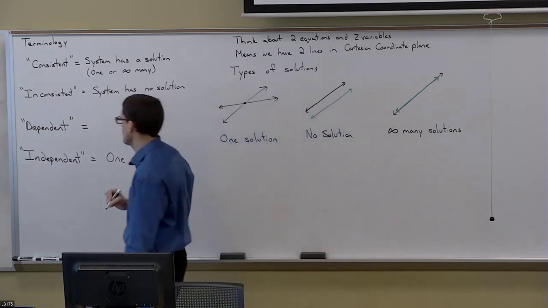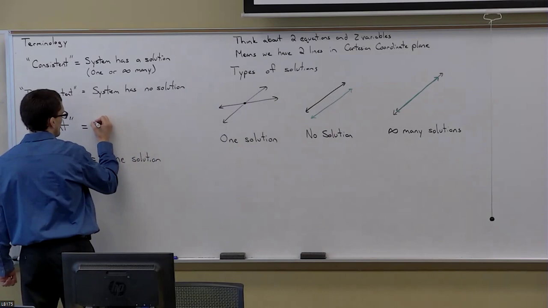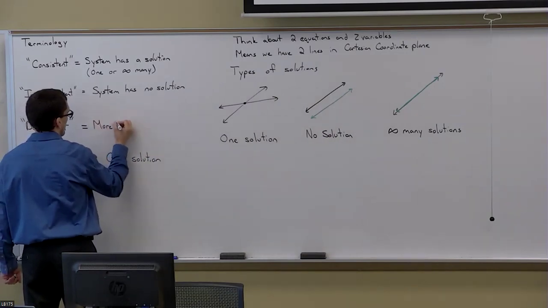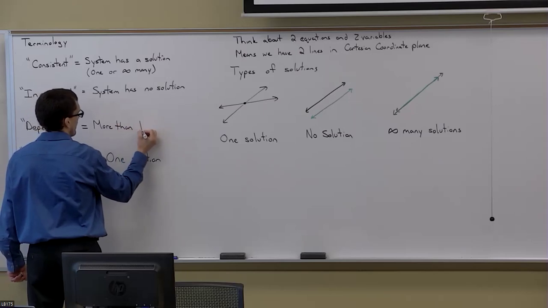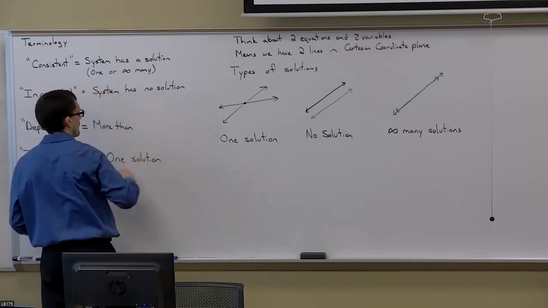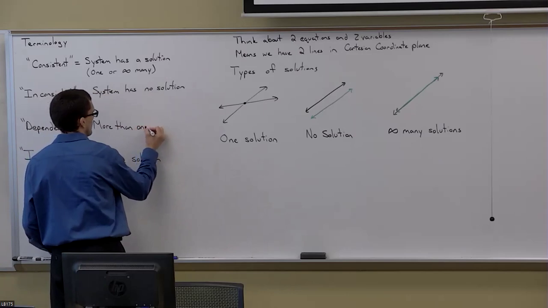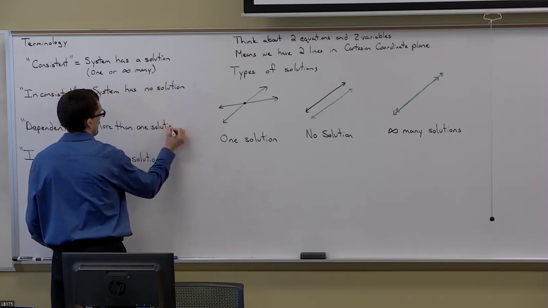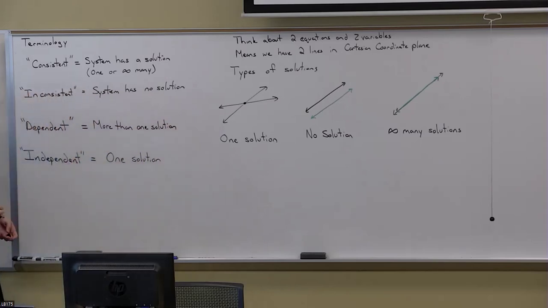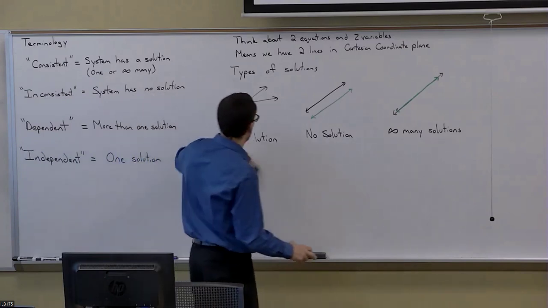A dependent system means we have more than one solution. And in this case, that only leads us to the infinitely many solutions, right? So if you're reading along in the book and they say, oh, this is a system which is consistent and independent, that just means it has one solution. Okay.